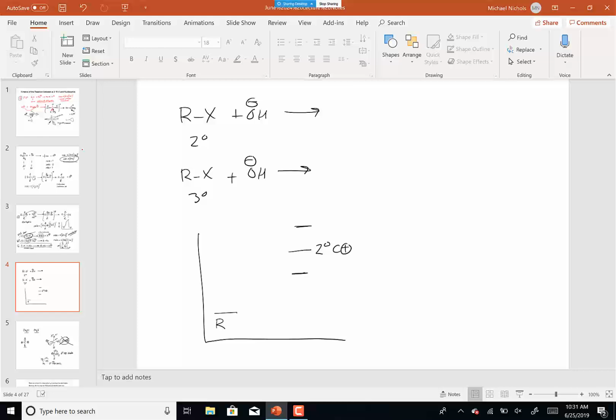Everybody say below? Why do you say below? So is a tertiary carbocation more or less stable than a secondary? More. So what does that mean in terms of energy? It has less energy, so it should go here.